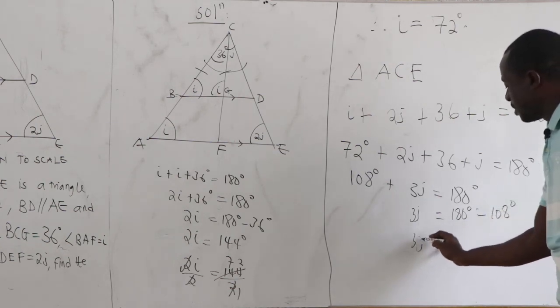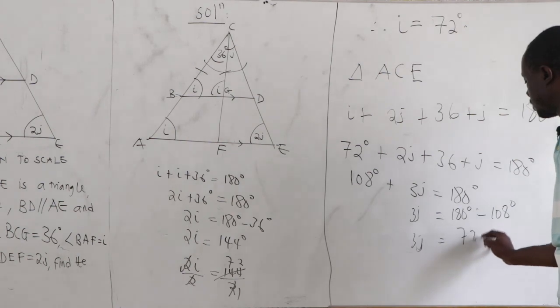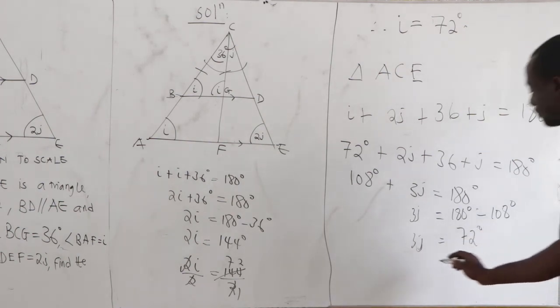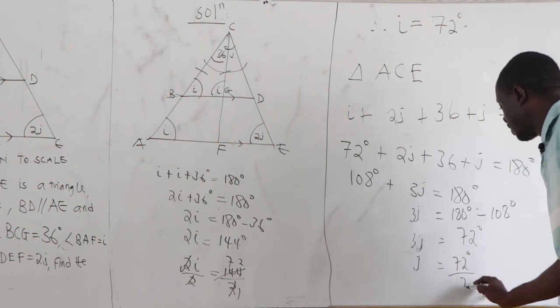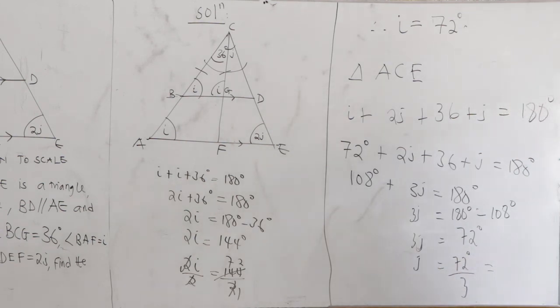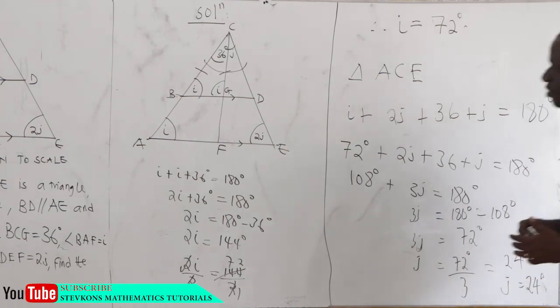So 3J equal to 72 degrees, so our J will be equal to 72 degrees all over 3. That gives us J to be 24 degrees. So our J is 24 degrees, and then our I is 72 degrees.